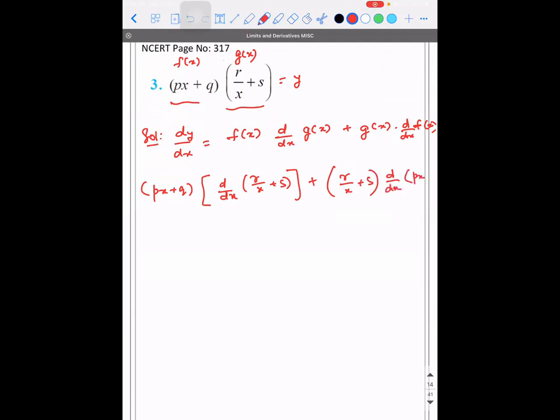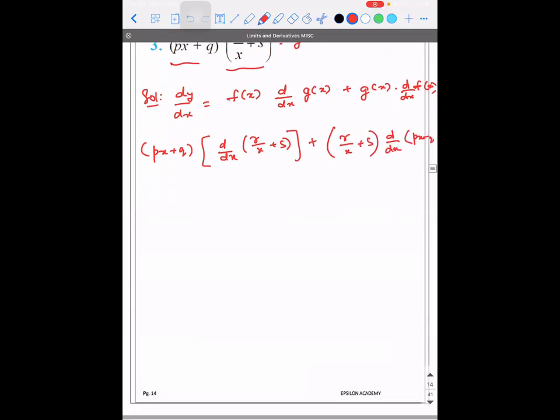That is px plus q into the derivative of r by x, which is minus r by x square, plus the derivative of s, which is 0, plus r by x plus s into the derivative of px plus q, which is p plus the derivative of q, which is 0.